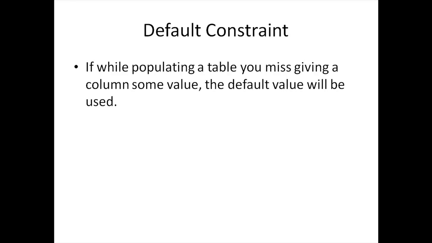The next constraint that we will be talking about is the default constraint, and as the definition says, if while populating a table you miss giving a column some value, the default value will be used. When we talk about the create table statement, we'll see that you get an option of specifying the default value for a particular field, and that's pretty handy.